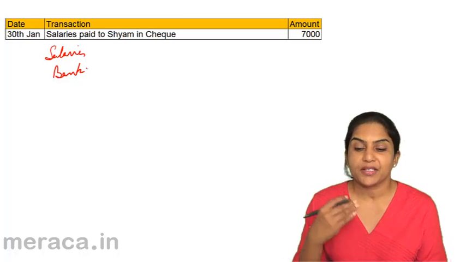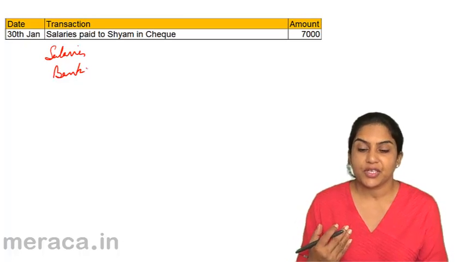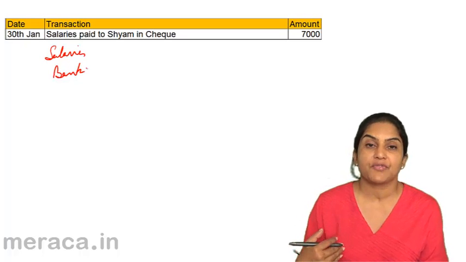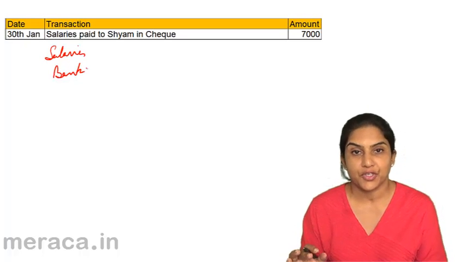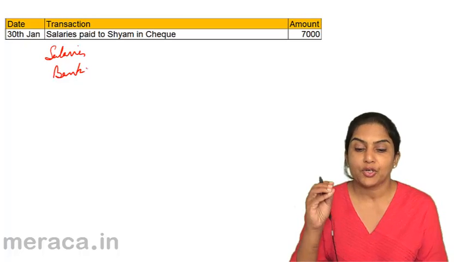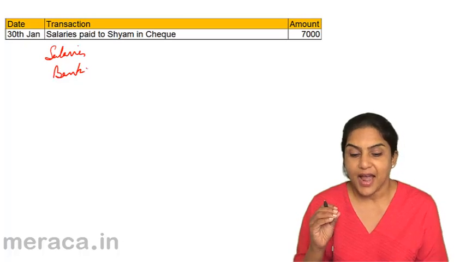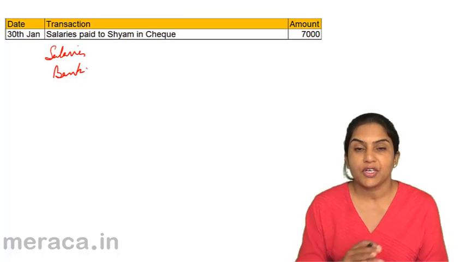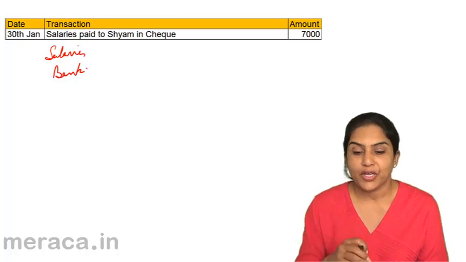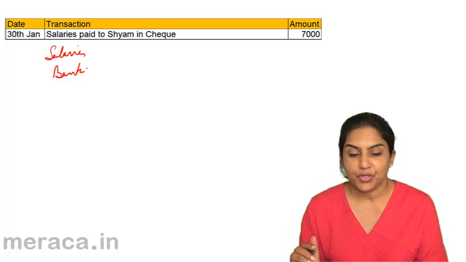After this transaction, there is nothing payable or receivable on account of Shyam. So salaries paid is an expense. Salaries and bank are the two accounts involved. Do not bring the employee's account. Do not bring Shyam into the picture.